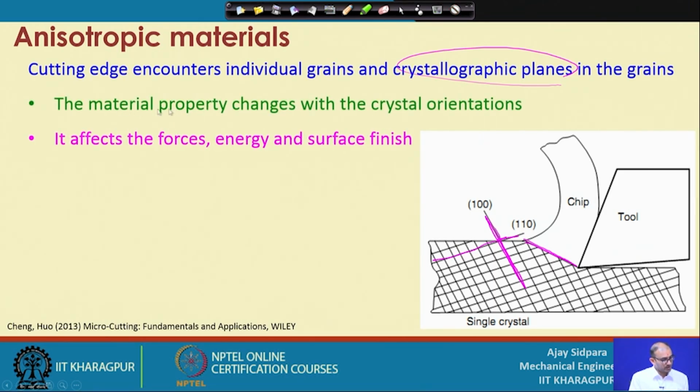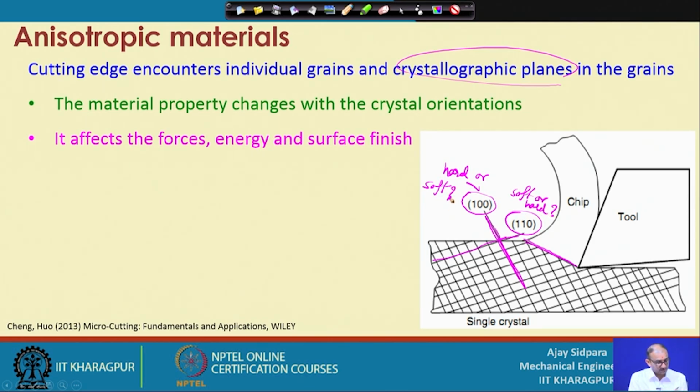The material property changes with the crystal orientation. We will see in the next slide, if we take one example of silicon, what is going to happen. Each plane has different properties, so we have to find out which face is hard and which is soft.